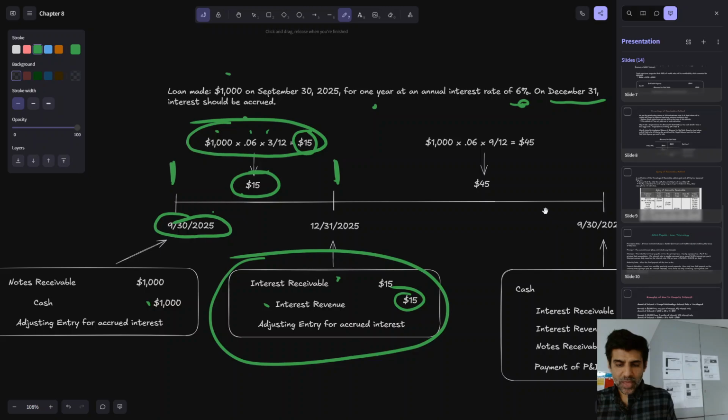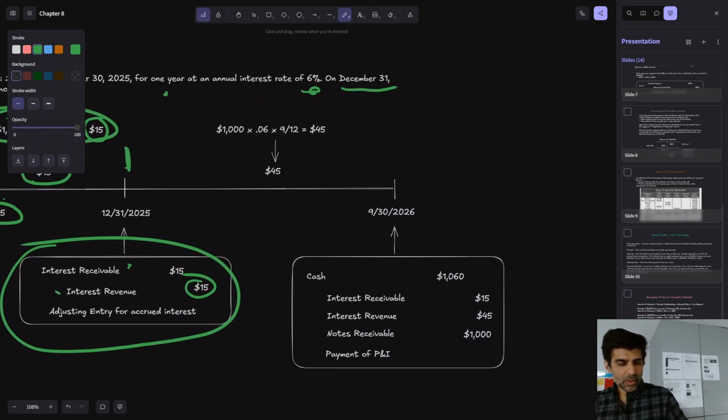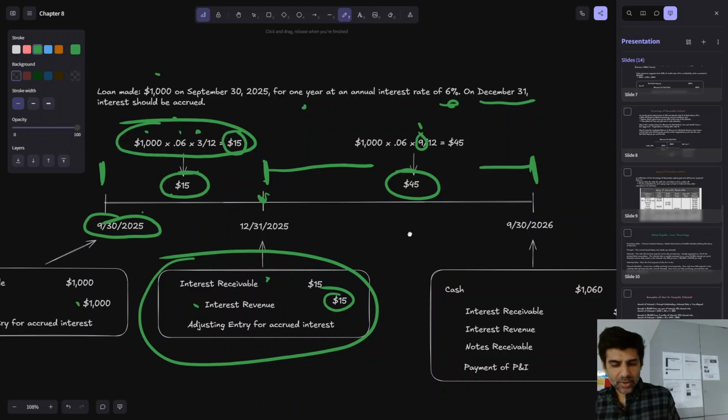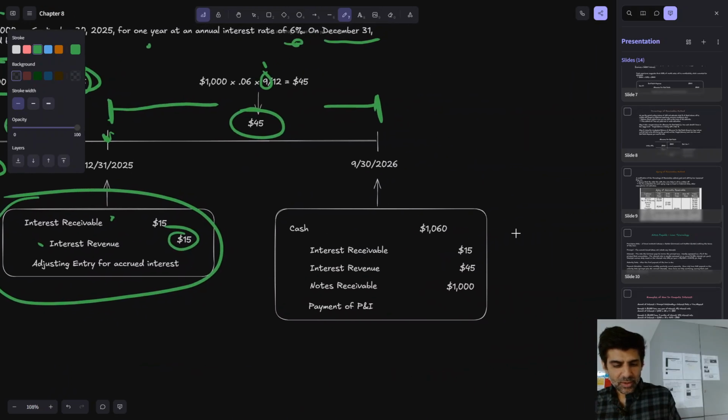Okay, so now when the payment happens, we're going to have the rest of the interest from the end of the year to the payment date, which is just the rest of the 9 months of the year. Because remember, 3 of it got included in this last period. 9 months is included in the next year. And then when they pay us, they're going to pay off the principal.